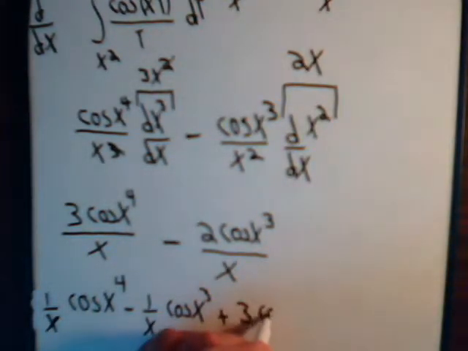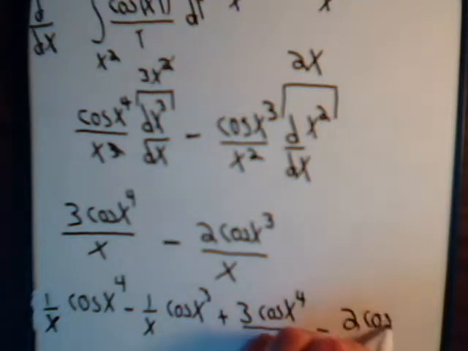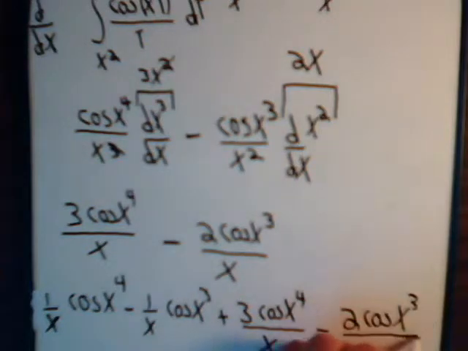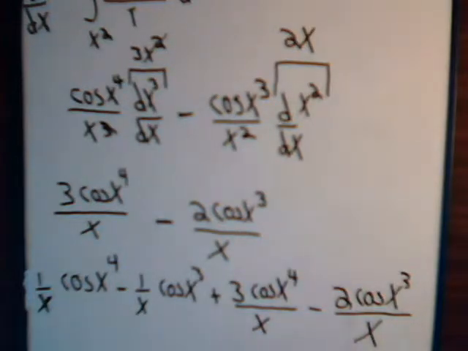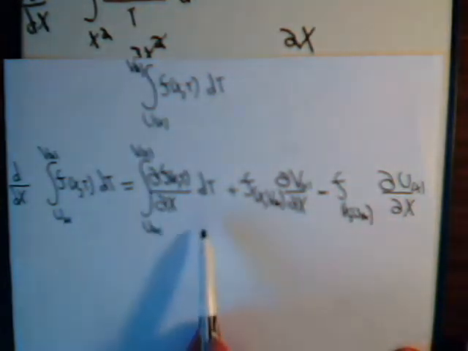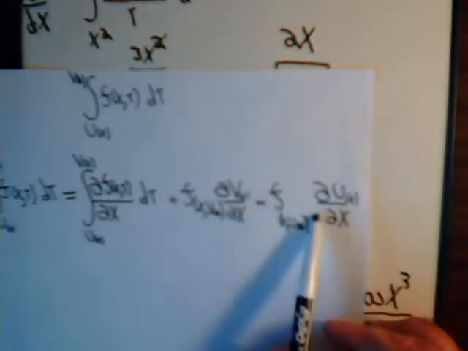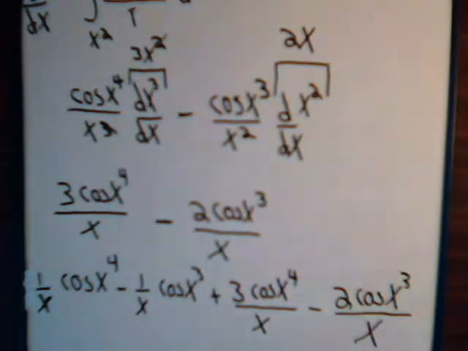Then we have these two terms, plus 3 cosine x to the fourth divided by x, minus 2 cosine x cubed divided by x. So these then are the terms that we get from applying our formula that we developed a couple of videos ago. This gave us these two terms. This and this gave us these two terms.